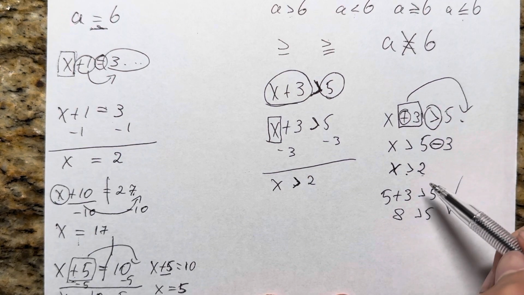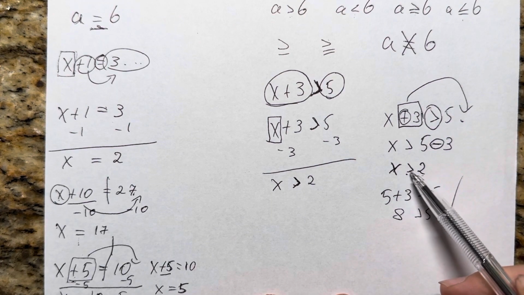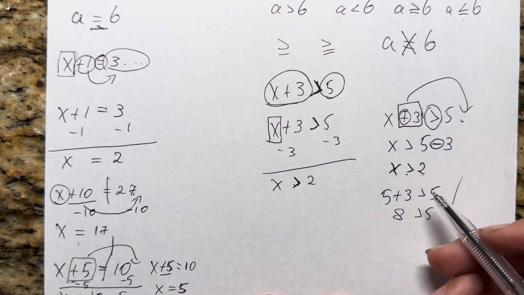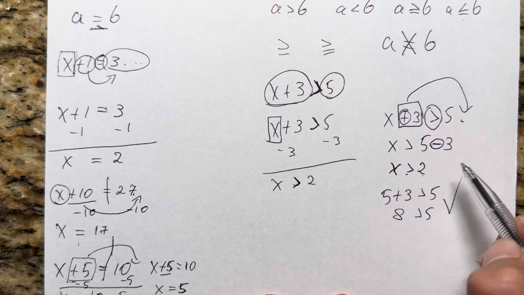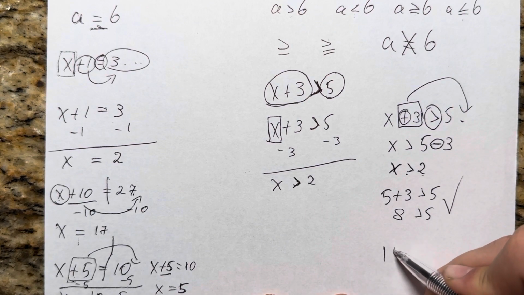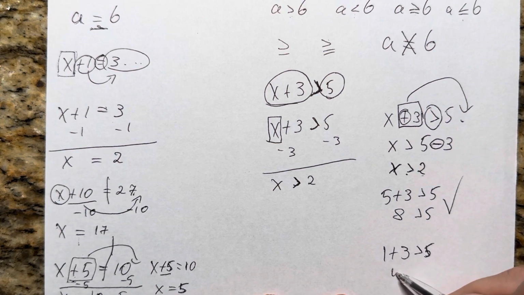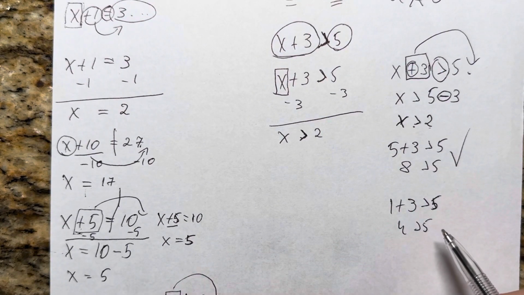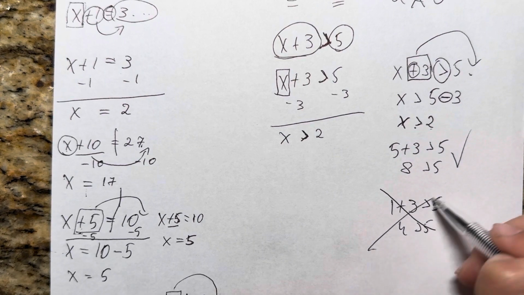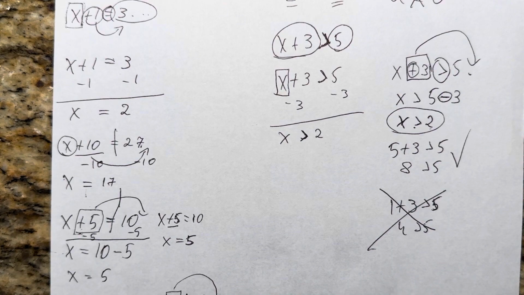But if we do not follow these directions and choose a number that is not greater than 2, for example 1, then the inequality will not be true. 1 plus 3 is 4, greater than 5? But 4 is not greater than 5, so the inequality is not correct. So remember, you have to follow these directions if you want to get the inequality right.